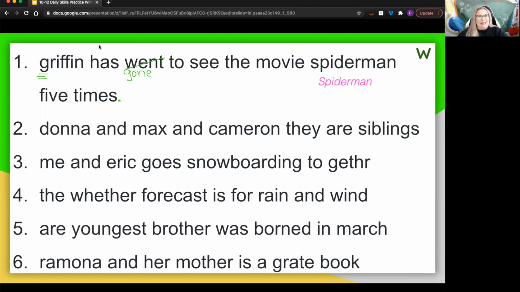All right, and number 2. Donna and Max and Cameron, they are siblings. Well, let's take out some of these ands here. And we probably don't need they because we're already saying their names. That would just be an extra word that we don't need. So how can we do that? We could say Donna, capitalize her name, comma.